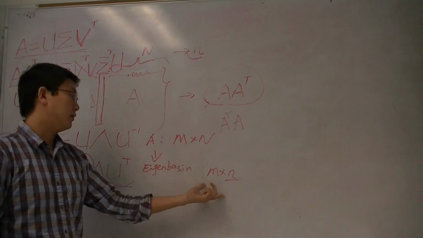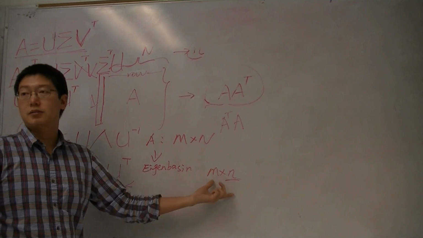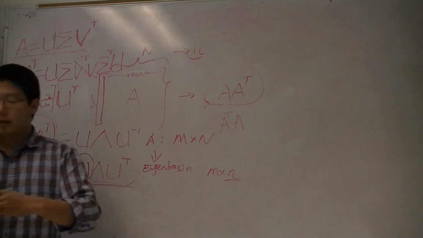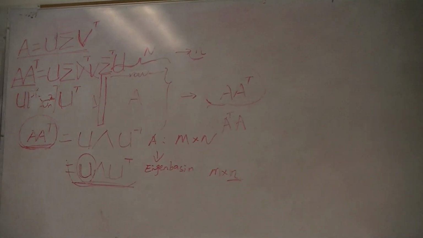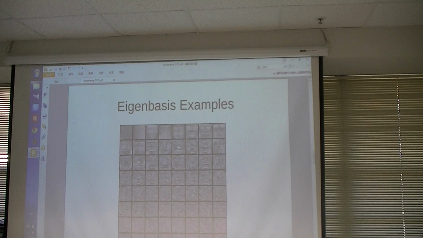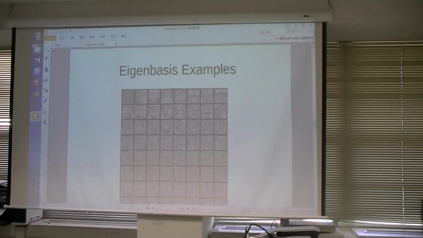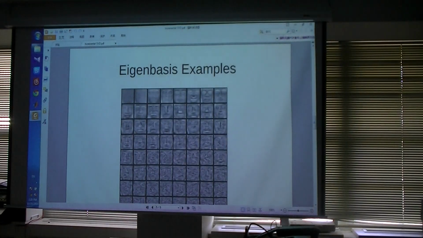So finally, we have this eigenbasis of like 10 or 20, which is a much smaller number. And this is an example. Using a fixed set of training images, we get this fixed eigenbasis. I didn't calculate this; it's just from other people's PowerPoint.